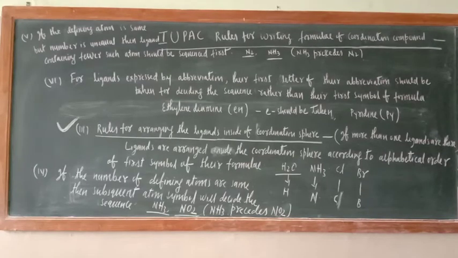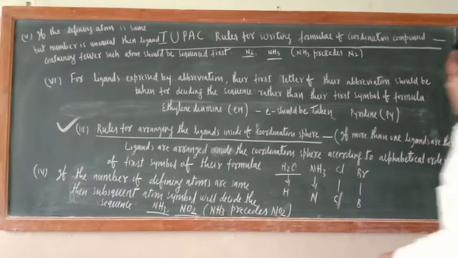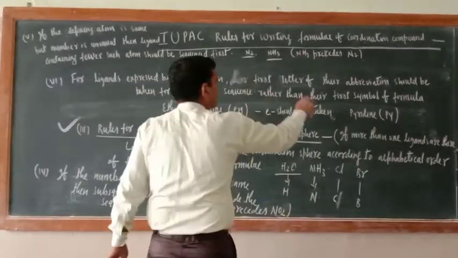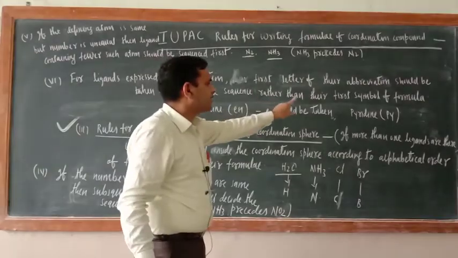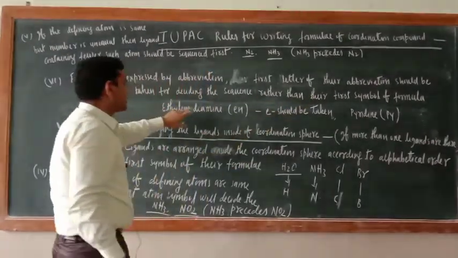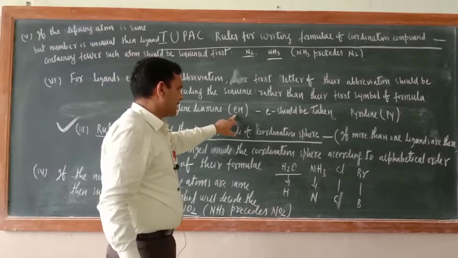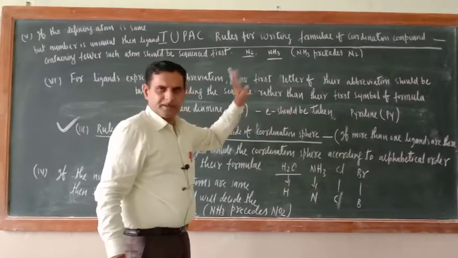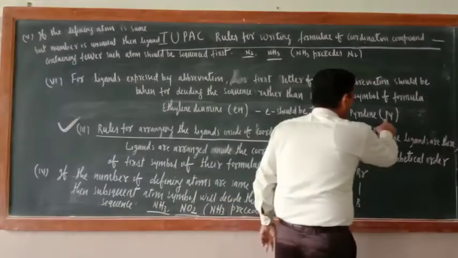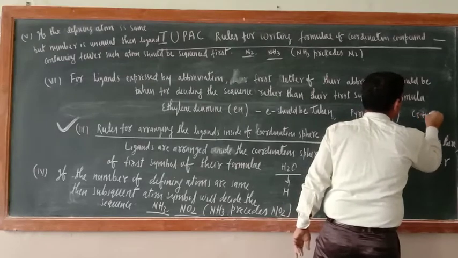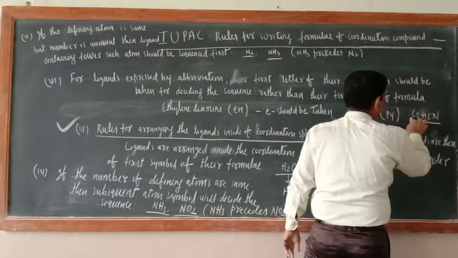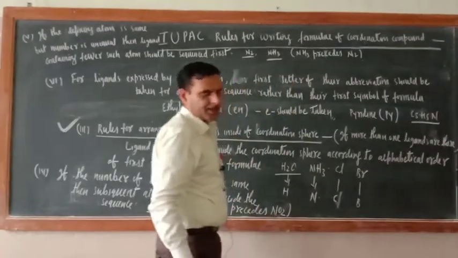For ligands expressed by abbreviation, the first letter of their abbreviation should be taken for deciding the sequence rather than the first symbol of the formula. Just see, ethylene diamine, the abbreviation is EN, so E should be taken. Pyridine, PY, so P should be taken. The formula of pyridine is C5H5N, so C should not be taken. Abbreviation should be taken into consideration.